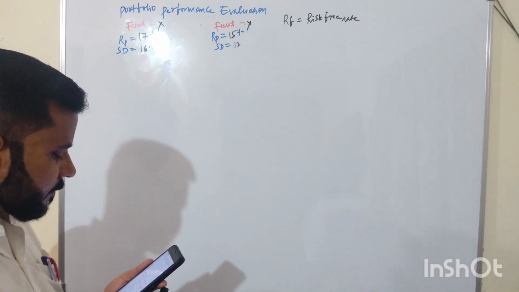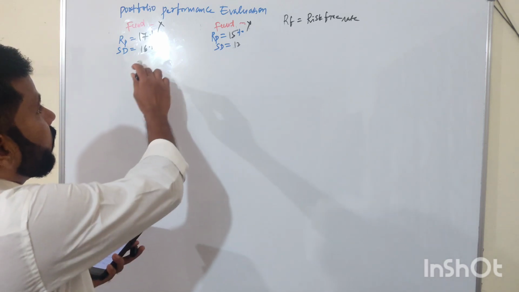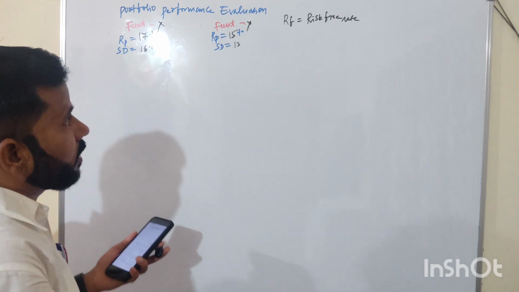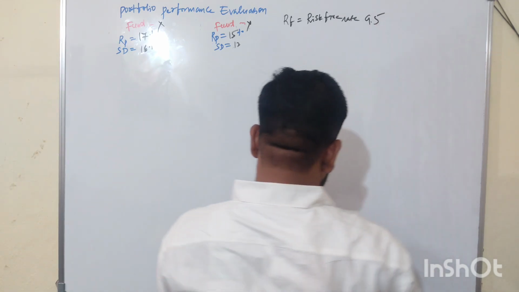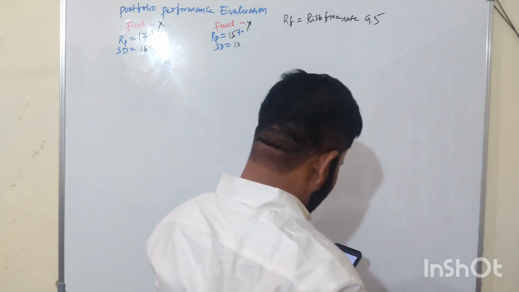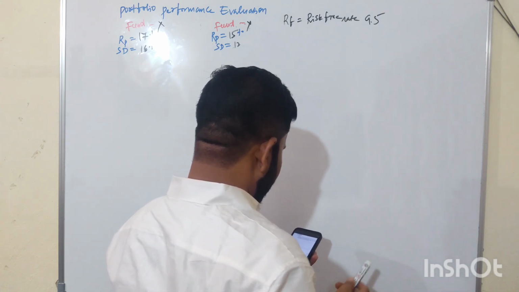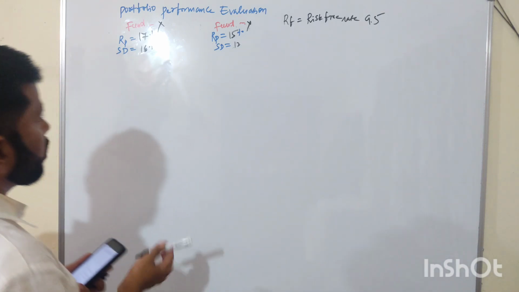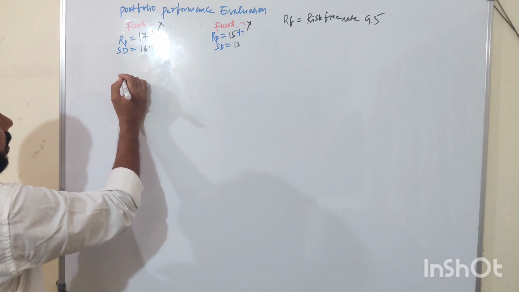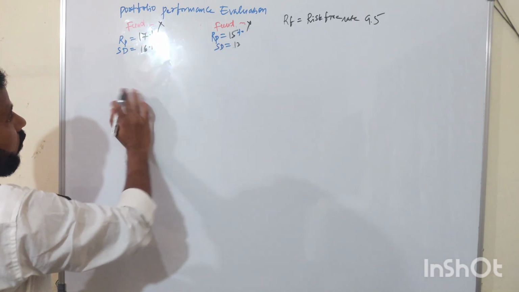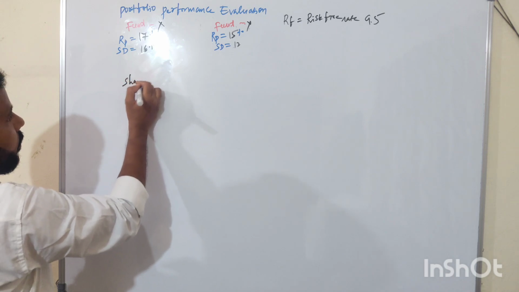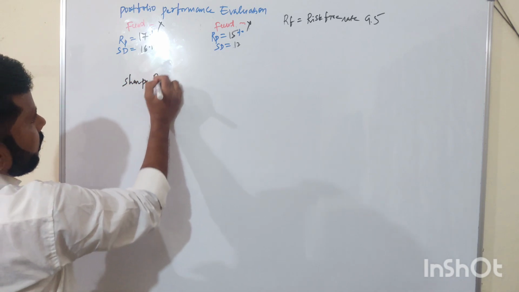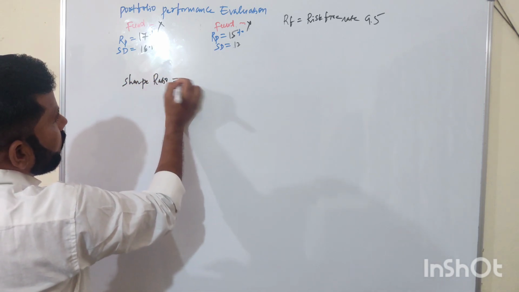Let's calculate. The given information I have already written on the board. So RF is given as 9.5. What is the Sharpe ratio formula? Very simple. For both portfolios we have to find the Sharpe ratio.